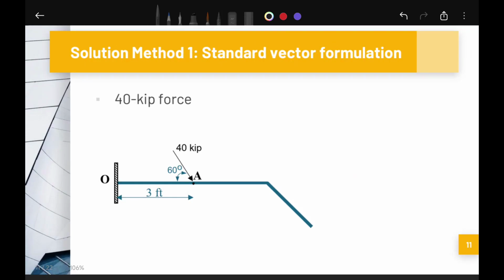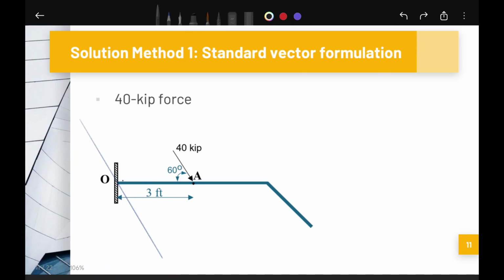Our first force is the 40 kip force. Magnitude of force is already given. We need to find the moment arm. To find the moment arm, we need to draw a reference line. This line is parallel to our force and passes through our rotation point, point O. After drawing the reference line, we are ready to find the perpendicular distance.